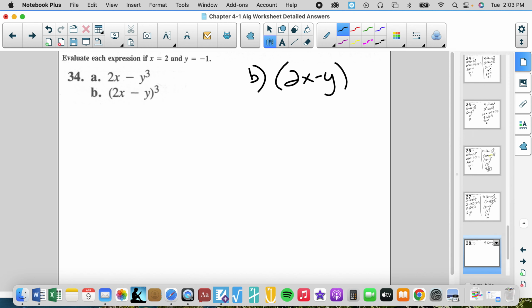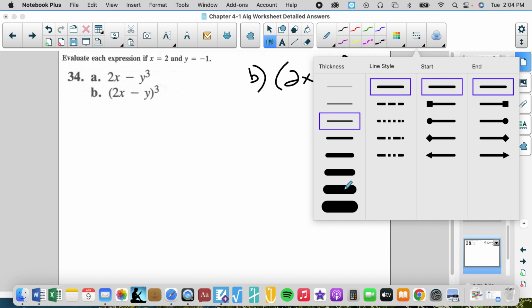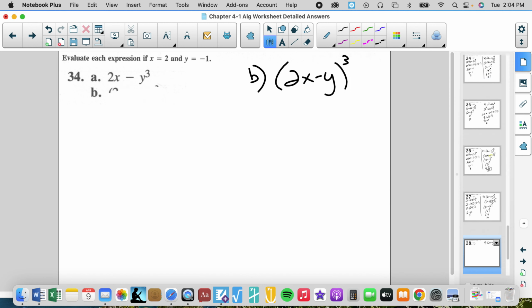2x minus y quantity cubed. This gives us 2 times 2 minus the quantity -1 cubed.